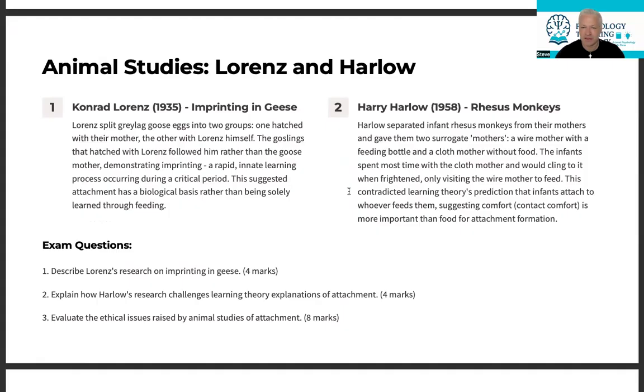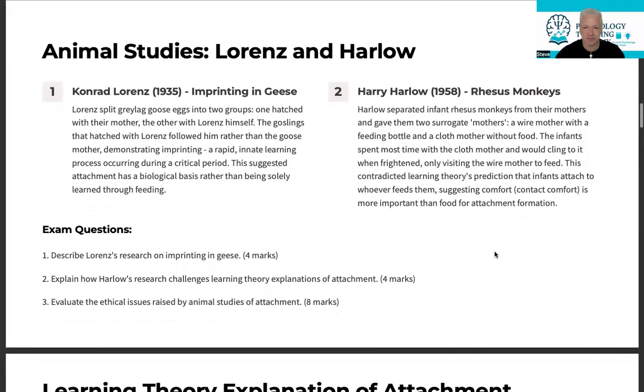And Harlow found that the monkey would spend most of the time, about 18, 19 hours a day, on the cloth mother and only go across to the wire mother for biological survival, for food, which suggests that comfort is more important than food to form attachments. So this challenges the cupboard love theory, which suggested that the person that feeds the baby is going to form an attachment. Contact comfort seems to be more important than who feeds them.